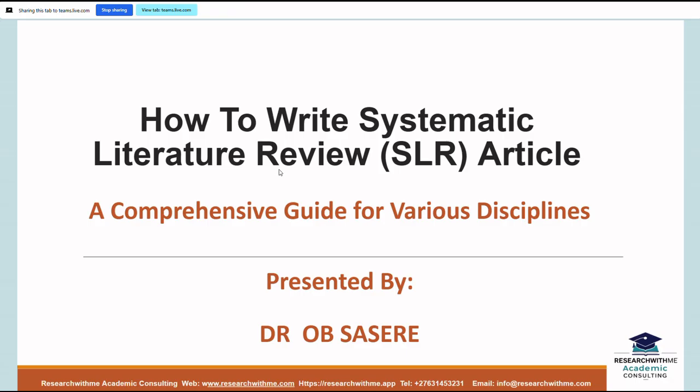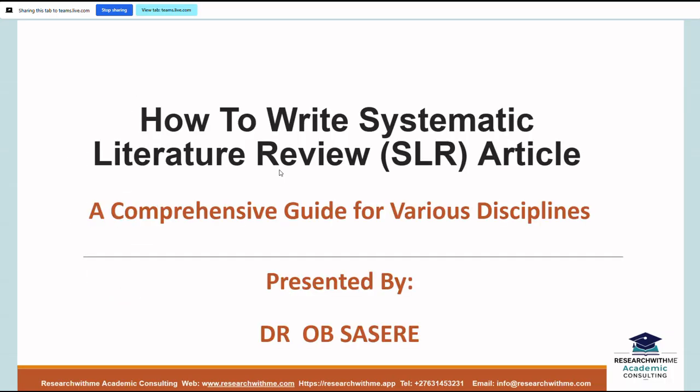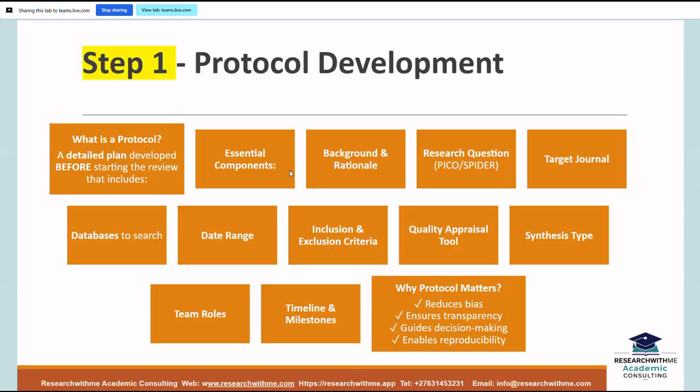But before we move to that place, let's quickly refresh our mind. Systematic review is a type of study that aggregates a lot of articles, studies, with a view to present a comprehensive coverage of the literature. And it can be done for different purposes.